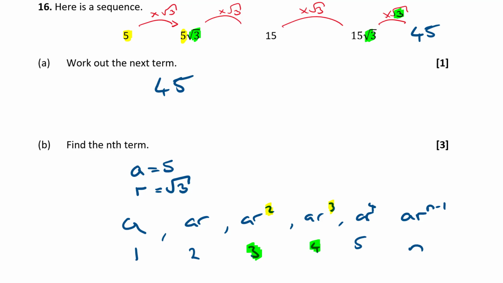So it's a, the first term, times r, the common ratio, raised to the power of n minus 1. Okay, so what is the nth term? In this case, it's going to be 5 times root 3 raised to the power of n minus 1, 1 less than its number in the sequence.